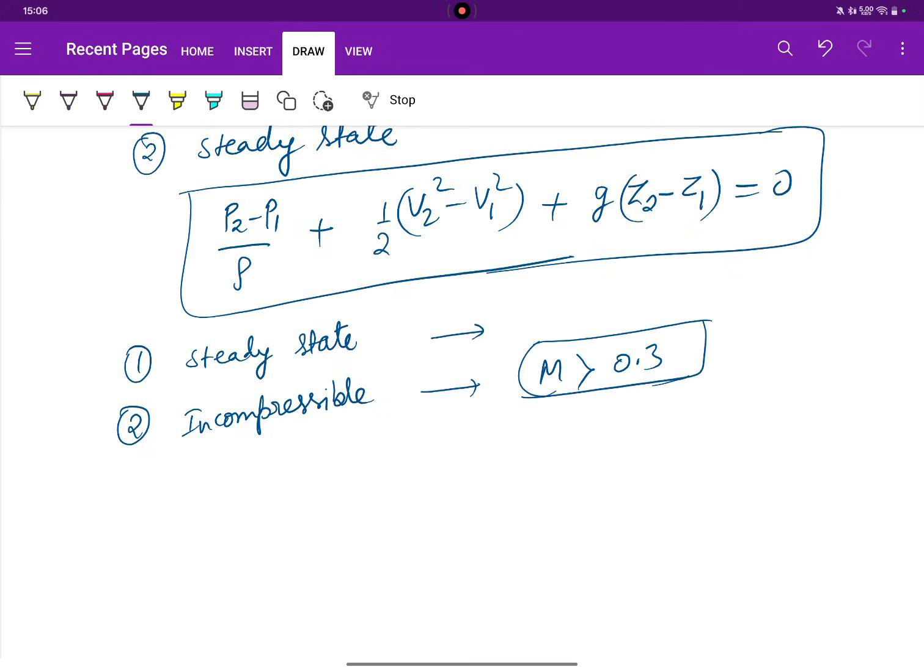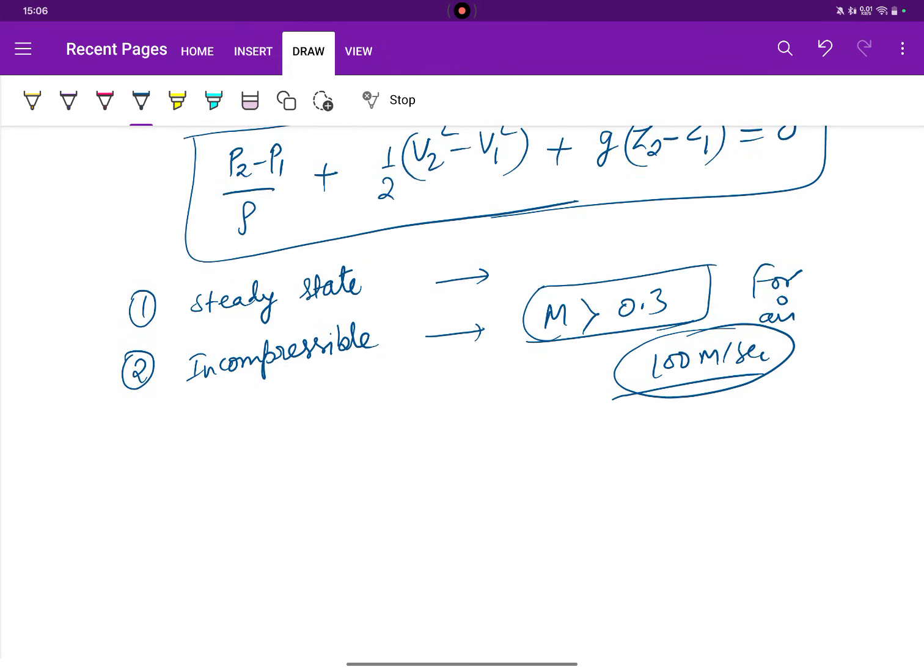Basically, if air is flowing at about 100 meters per second, which is equivalent to commercial passenger planes, beyond that the incompressibility assumption may not work.